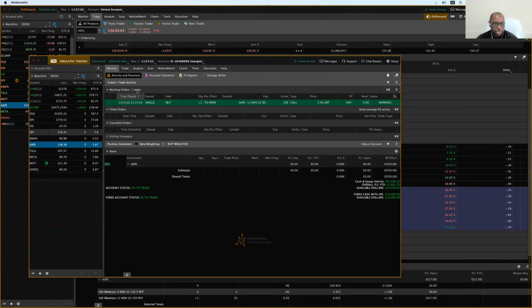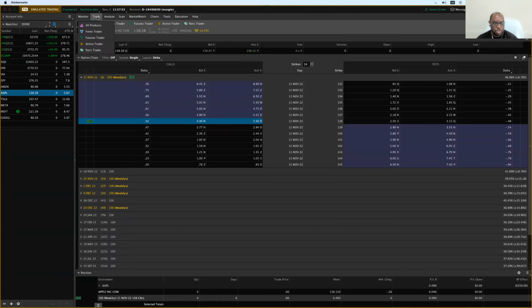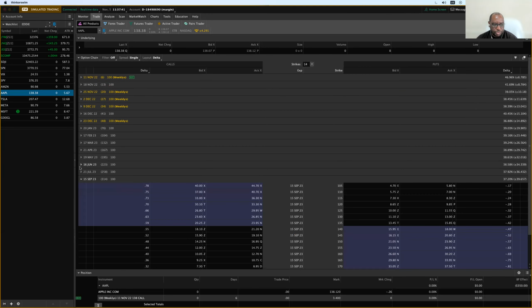This is the 150 strike. This is Apple. I'm going to go to trade. I'm on simulated trading, and I'm going to go to 15 September. We're looking at the 150 strike.